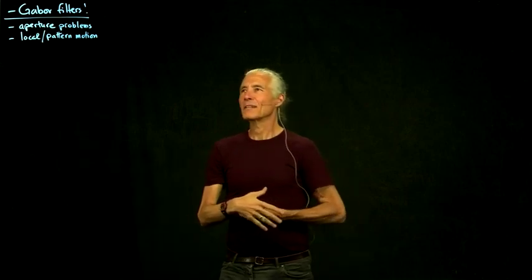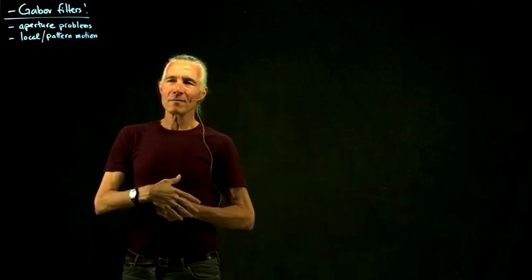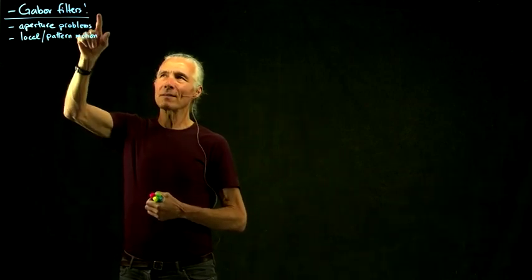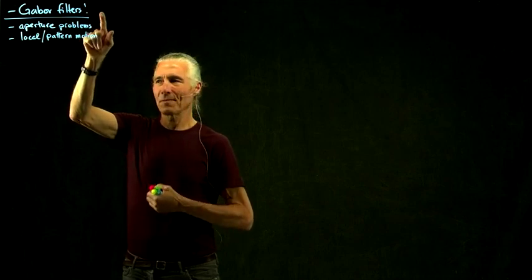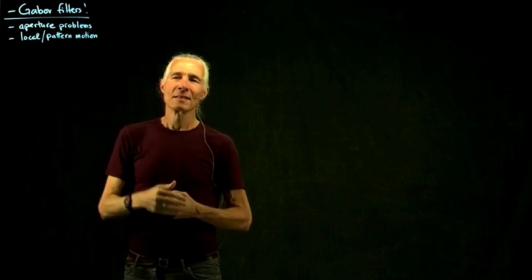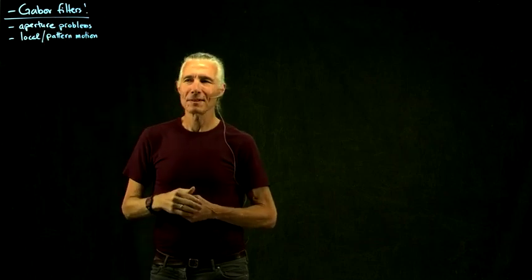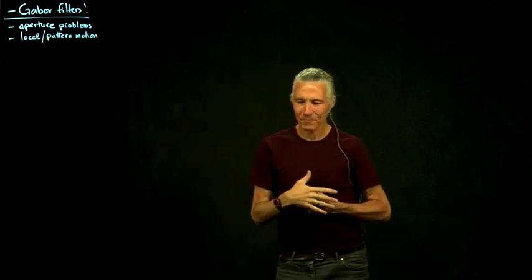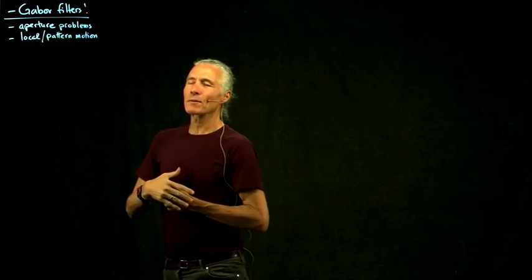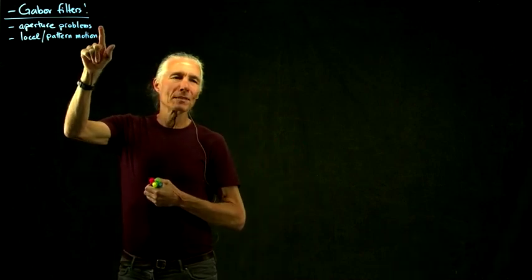And this is also a simple model of how to make a complex cell. So that's basically under the topic of Gabor filters, Dennis Gabor. And then I'll talk about aperture problems in general.